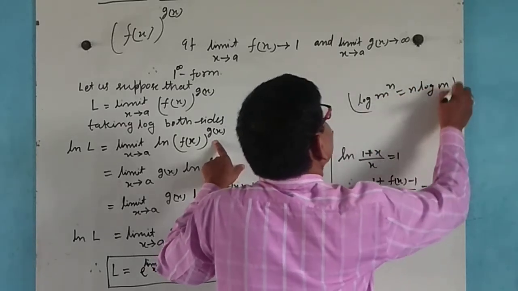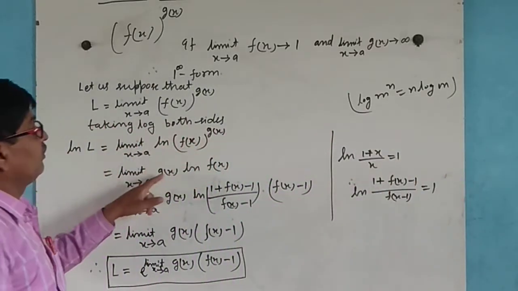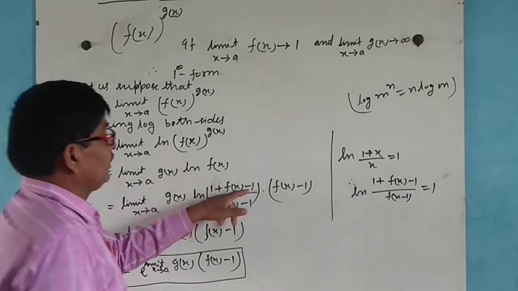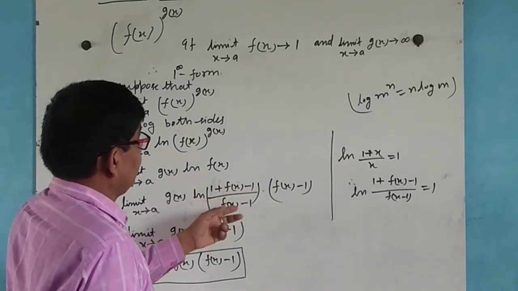In this sense, g log f(x), we add 1 and subtract 1, and f(x) minus 1 here.